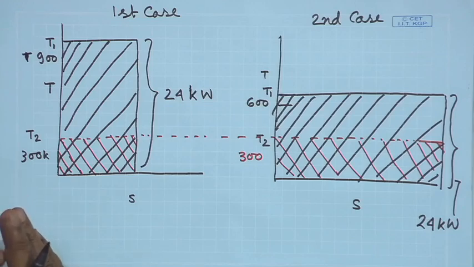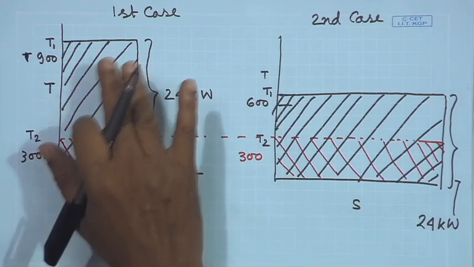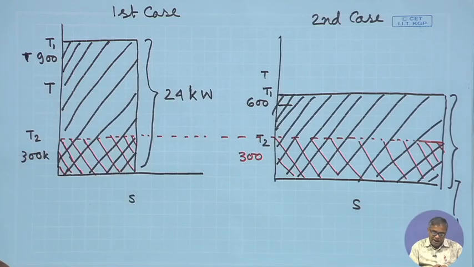I explained it earlier with some figures, and now I am explaining it in the form of a graphical representation. What we can see is that the first source has a higher quality compared to the second source.